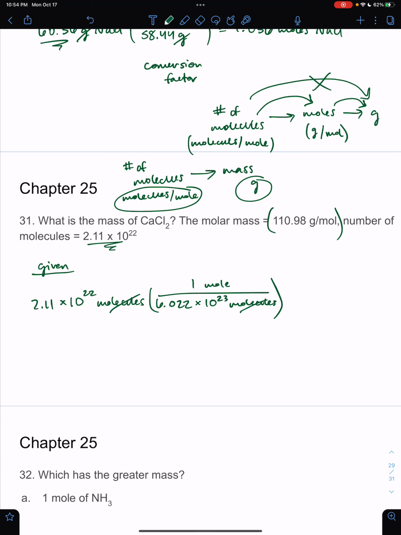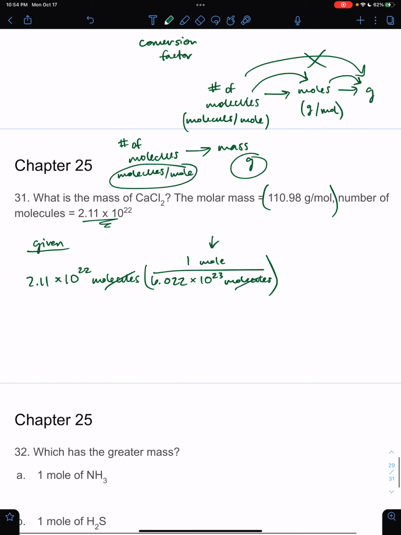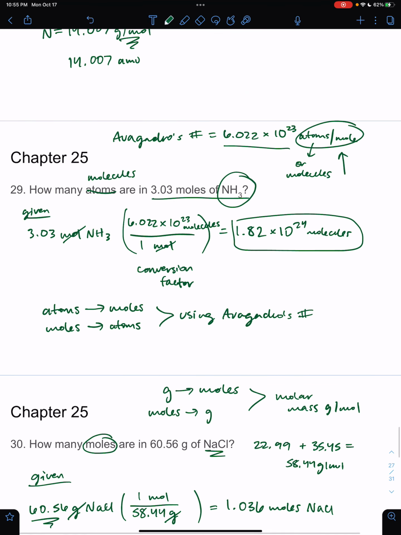This is going to be canceled. Now we're left with moles. But we want to get to mass, which is in grams. So we just went from molecules to moles. We just did that first step, using Avogadro's number.